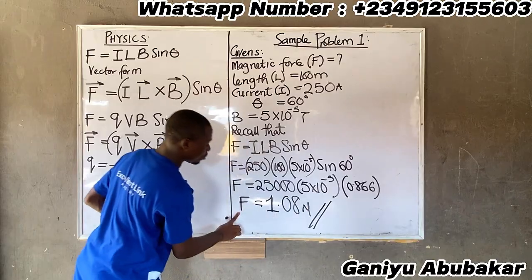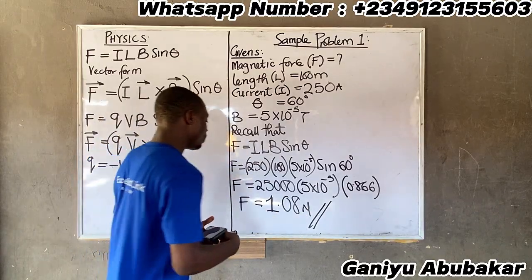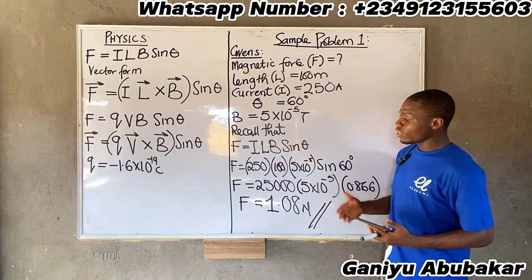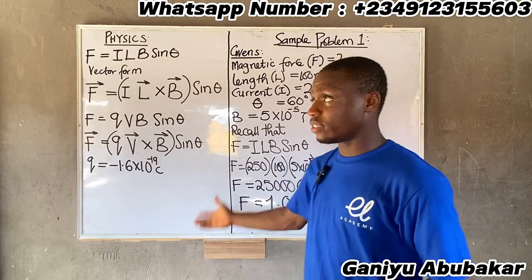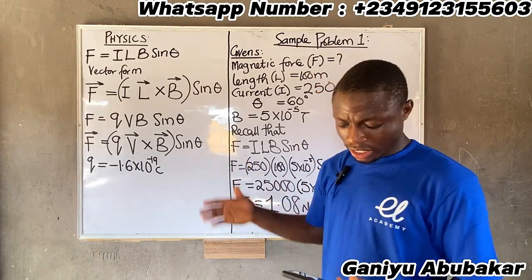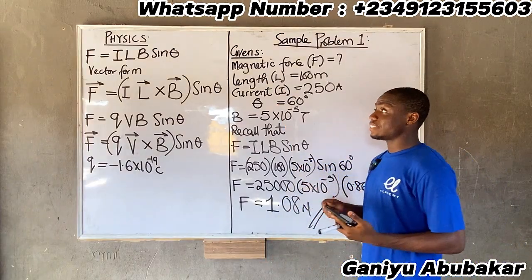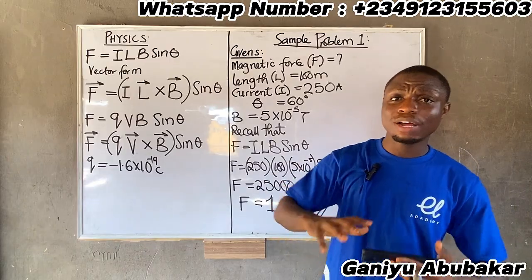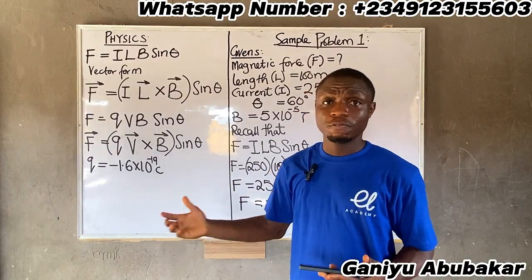Of course, force is measured in Newton. So my answer becomes 1.08 Newton. This is how you solve a question based on magnetic field, as you can see on the board. This was the first example in the study of magnetic field. Let's take yet another example to better understand the concept behind magnetic field.